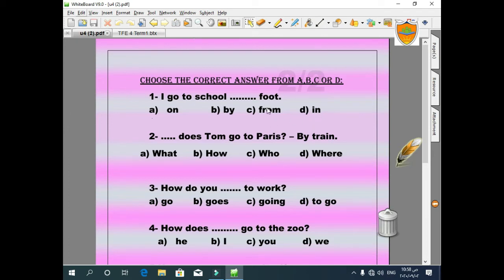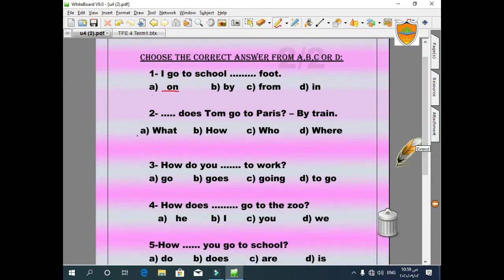Remember, we use the preposition on with foot. Okay? So, I go to school on foot. Number 2, blank does Tom go to Paris? The answer is by train.